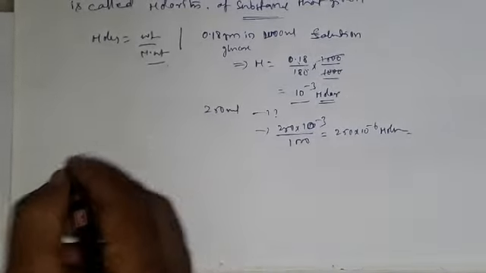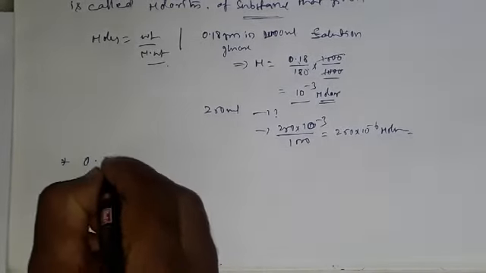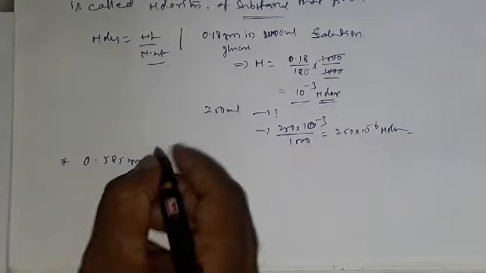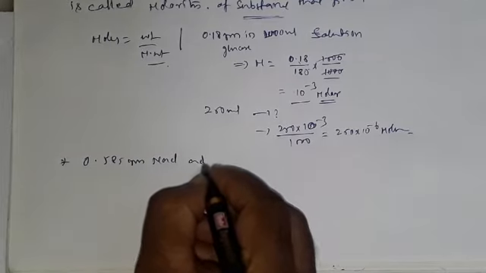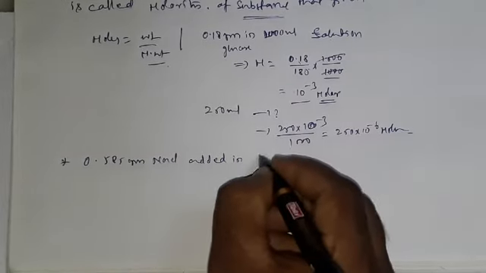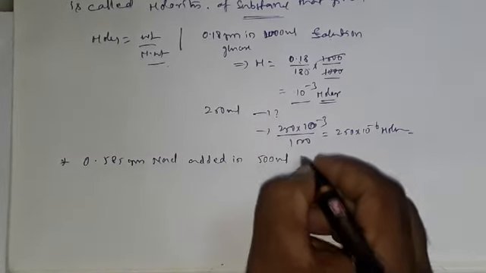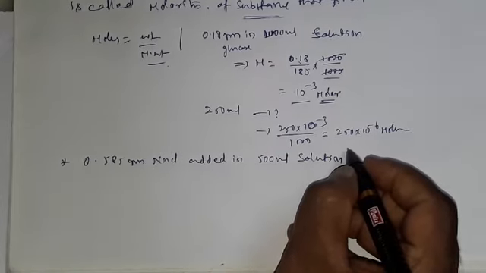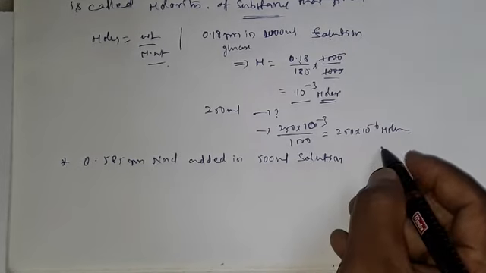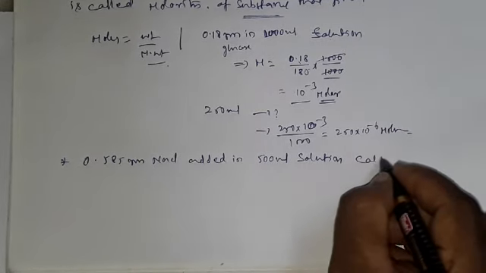Now one more example we are going to discuss. Suppose given is 0.585 grams of NaCl added in 500 ml solution.